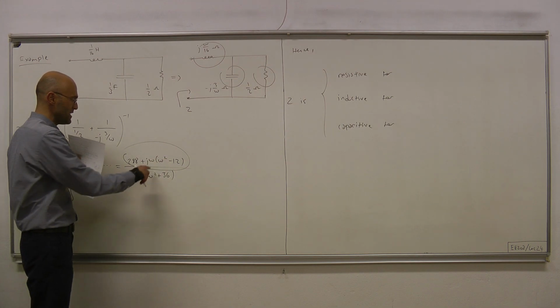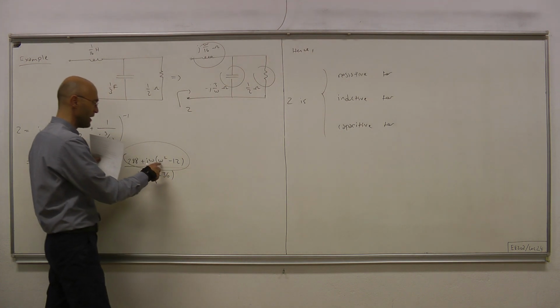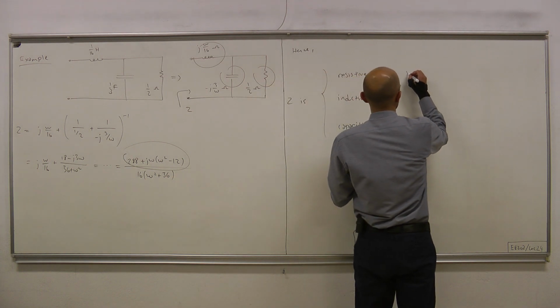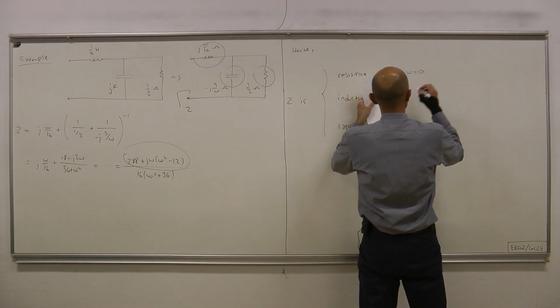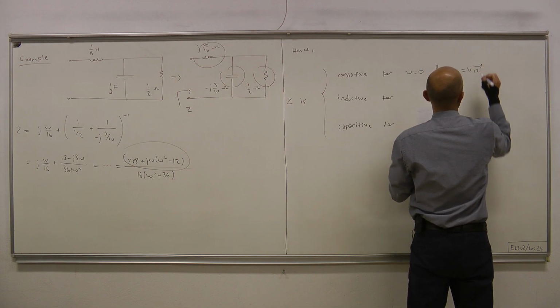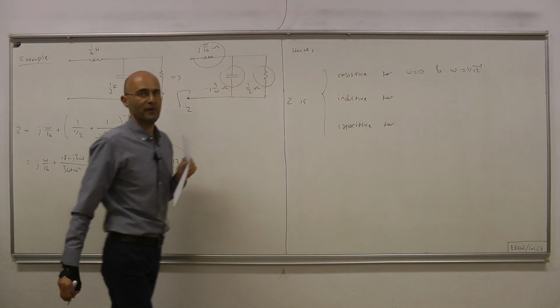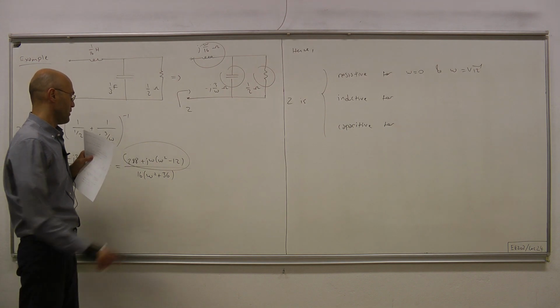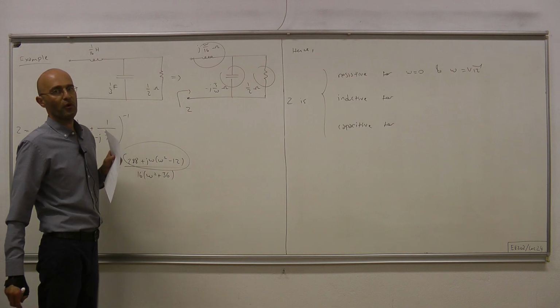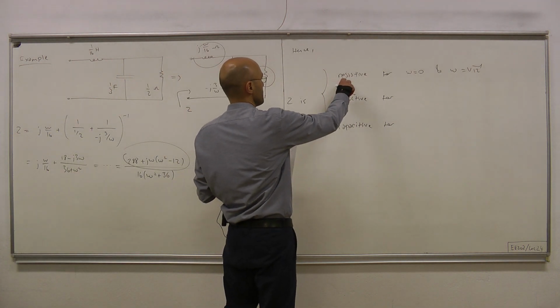It's 0 when omega equals 0 or omega squared equals 12. So when either omega equals 0 or omega equals square root of 12 radians per second, we have no imaginary part. The impedance is purely real, therefore the one port is said to be resistive.